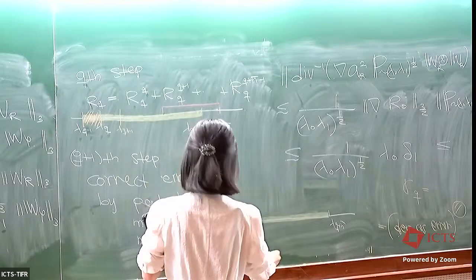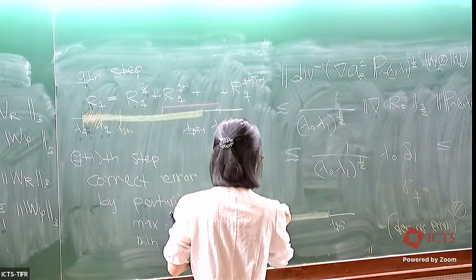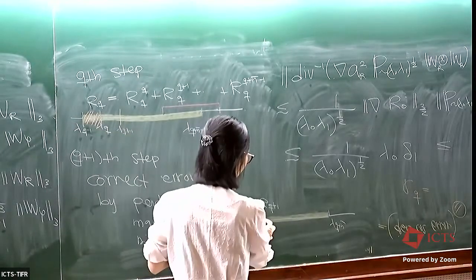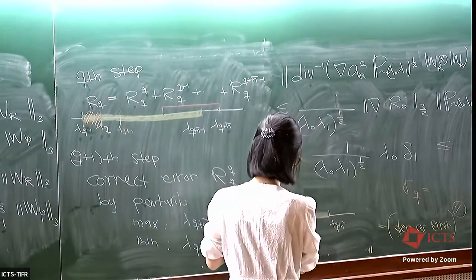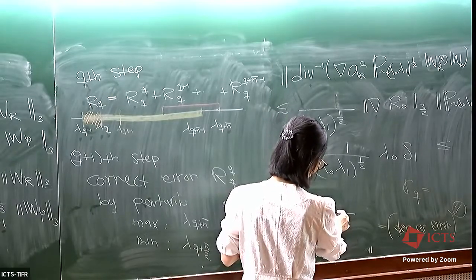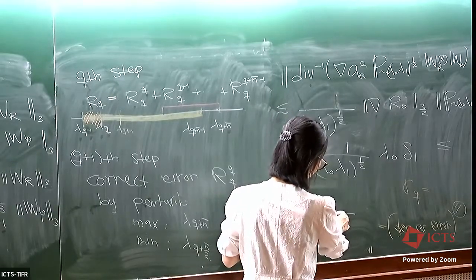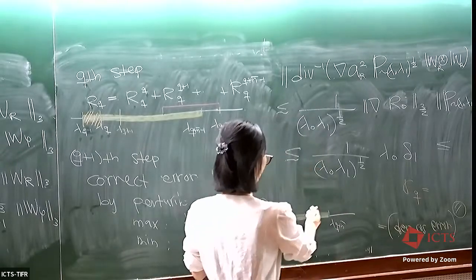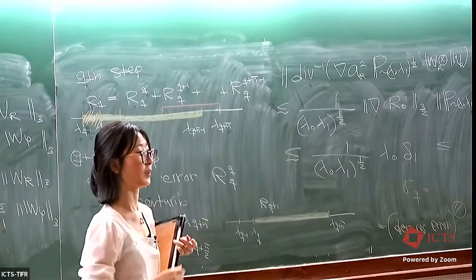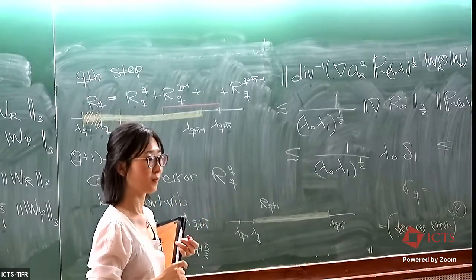So this is RQ plus 1. Then you continue. You correct this bit, and then you have another wider range of error, and especially you also have a creation of some error at this frequency. Then you just keep moving.